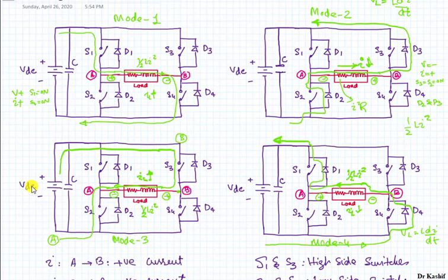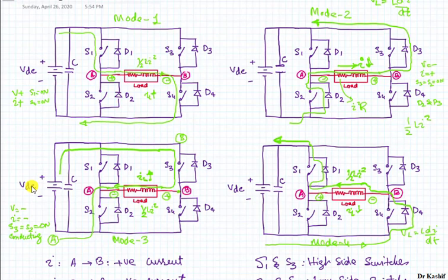They are conducting. And in the third mode of operation, our voltage is negative, our current is also negative, and switches S3 and S2 are on and conducting, right?